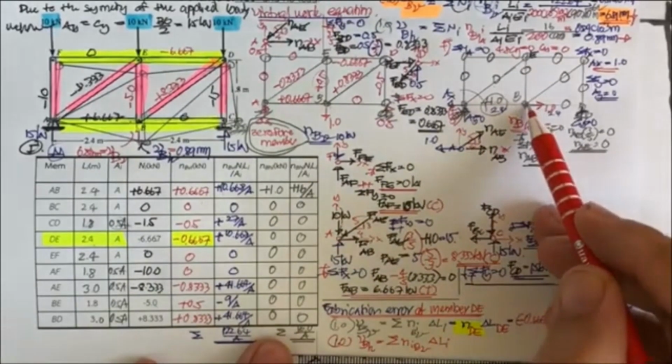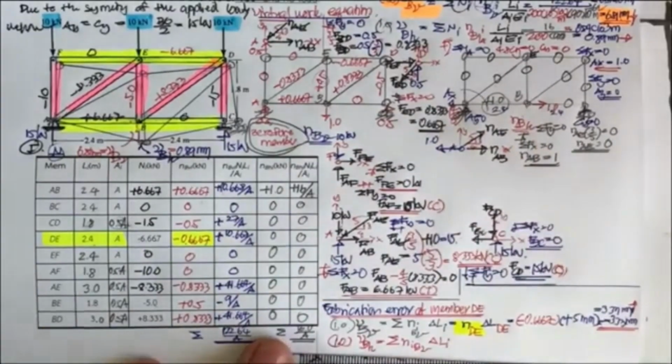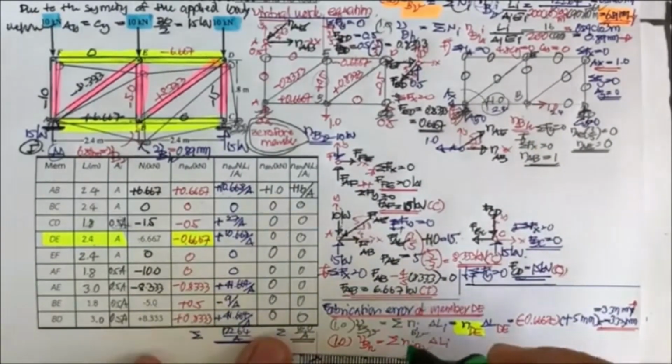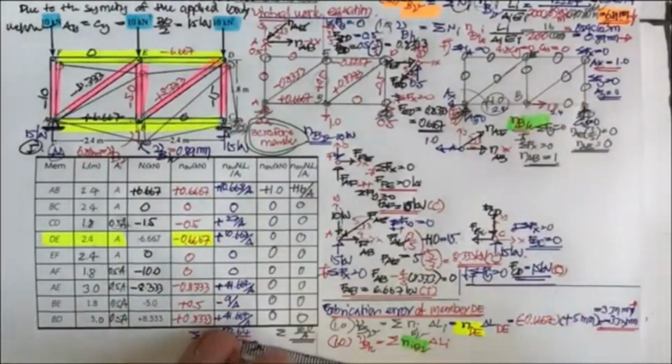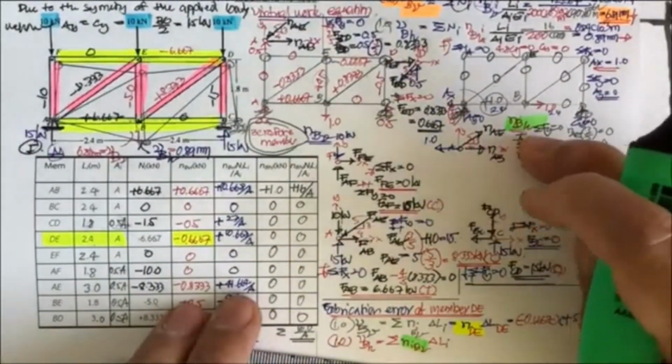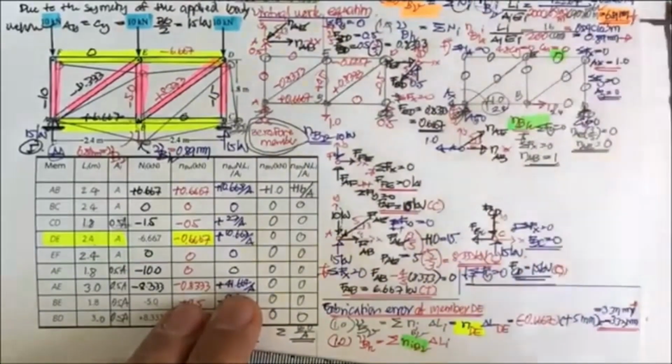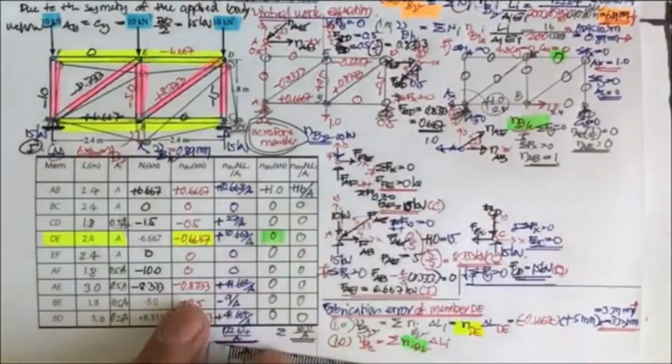Okay, and this time we have what? The force here is going to be this one, and what is going to be the force in DE? It's going to be 0.